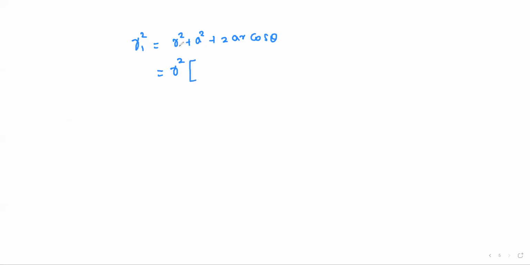That means if I take R square from this value, it will be 1. Here it doesn't have any R square, so if I take R square as common, you should divide by R square. And this term has only R, so if you take R square from this, you need to divide by R. Is that clear?